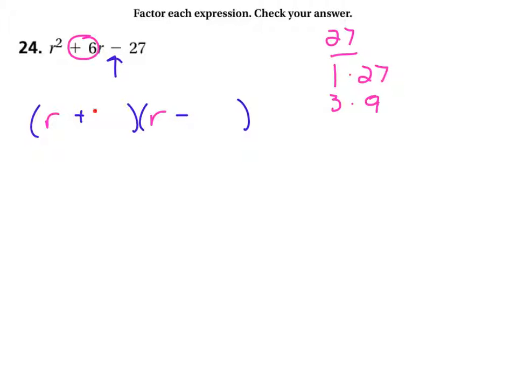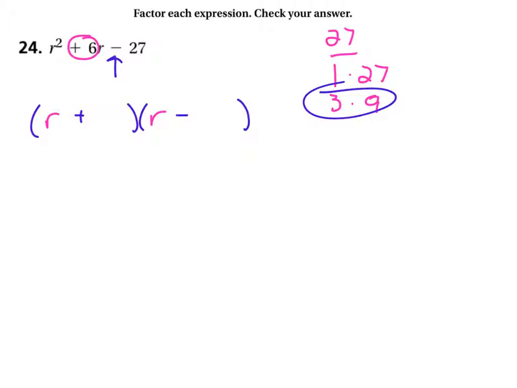Okay, so question is, which two numbers, because they're opposite signs, we're going to get some positive r's here and some negative r's here. We're going to have to subtract two numbers. Which two numbers subtract to be 6? Well, as you can see, these two numbers are going to subtract to be 6. Now, the question is, where do we put them? Because we don't have the same sign in both places. So we can't just drop them in anywhere.